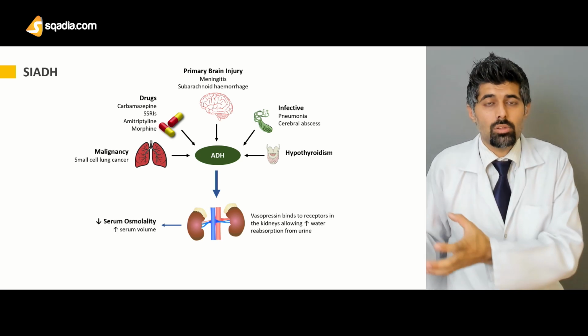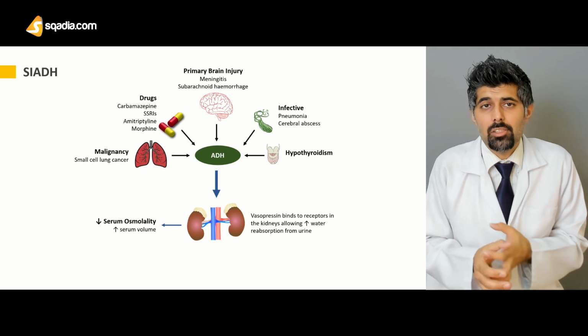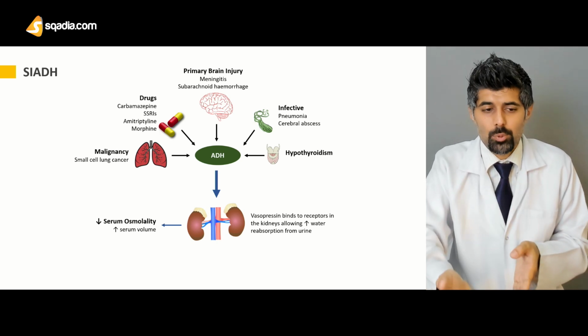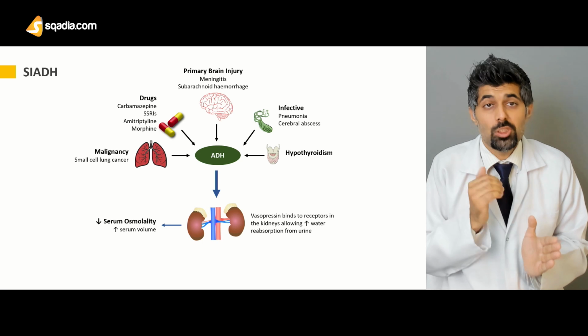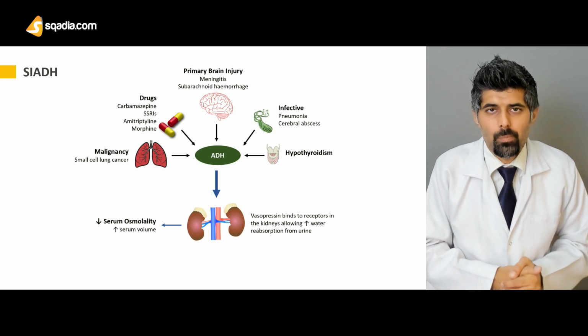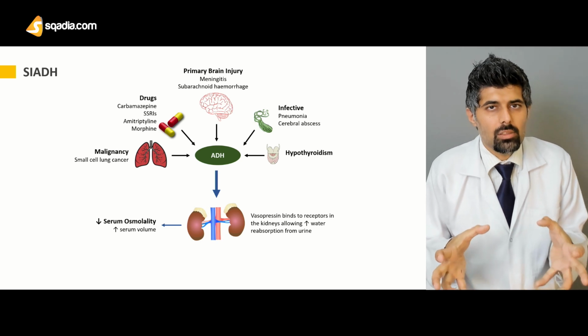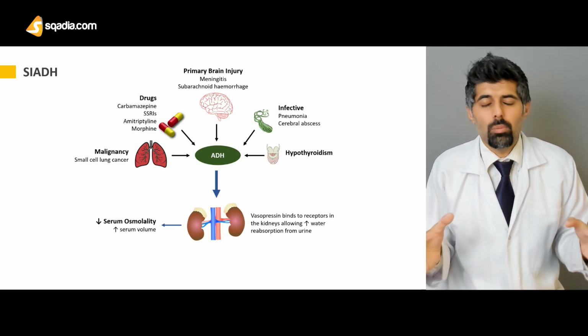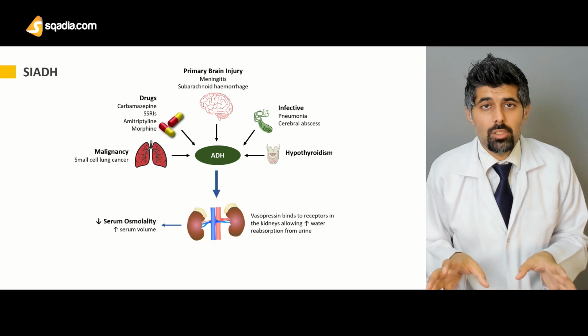So, because now the urine is highly concentrated and water is being reabsorbed, we have low serum osmolarity and increased serum volume. And because of this, there are a lot of problems that can happen with the patient.